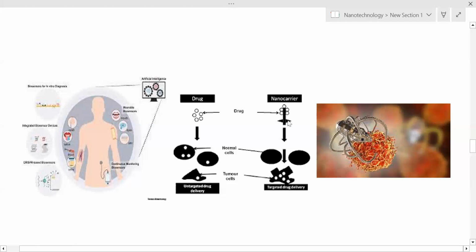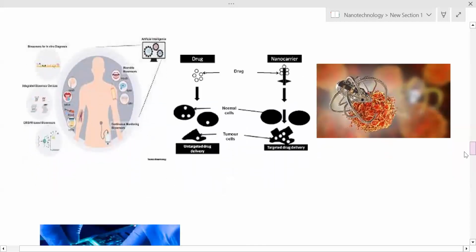But with nanotechnology using targeted drug delivery, we are directly sending it onto the tumor cells. So the medicines will act on only the tumor cells and heal that. And also we have nano robots, which can be called nanobots. These are used to repair the internal damage of cells or tissues. So nano robots will help in that regard.